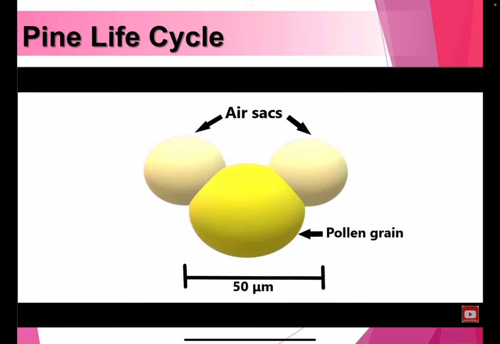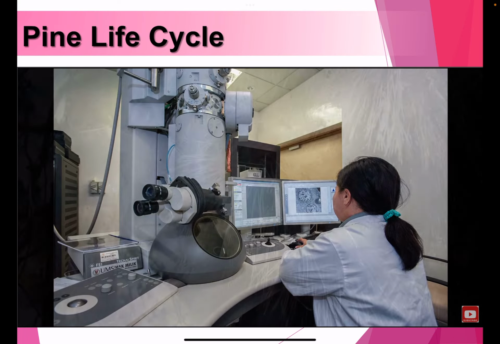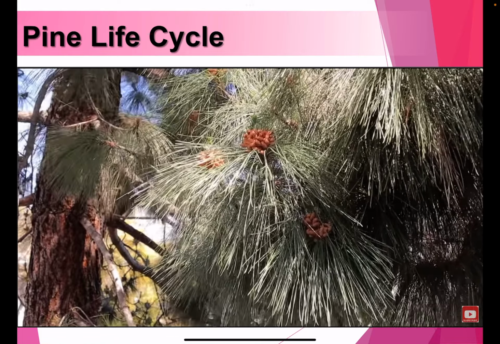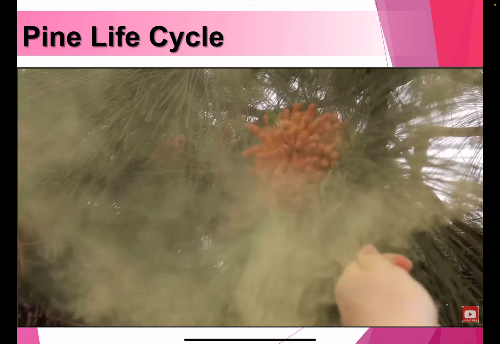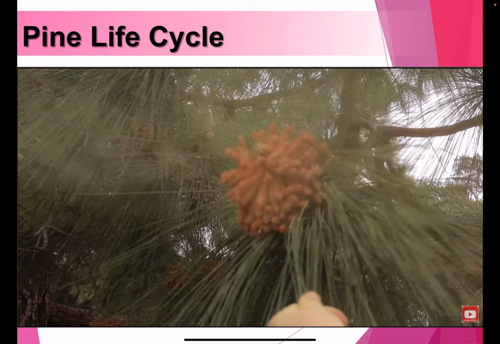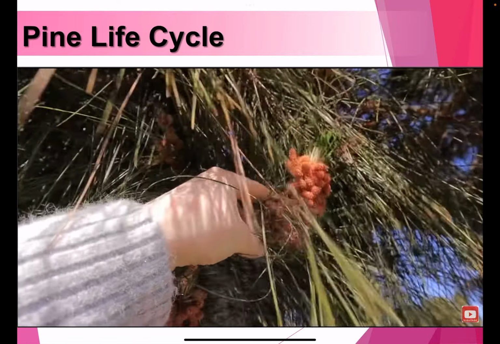The pollen grain is very tiny, only about 1/20th of a millimeter in length, so you would need a high magnification microscope to see it. Transmission electron microscope. If you happen to find pollen cones and can reach them, try shaking the branch they're on and witness the amazing pollen explosion. I won't do that. If there's not much coming out, it might be because the cones are older and they've already released all their pollen. Of course, if you're allergic to plant pollen, this is not a good experiment to try.